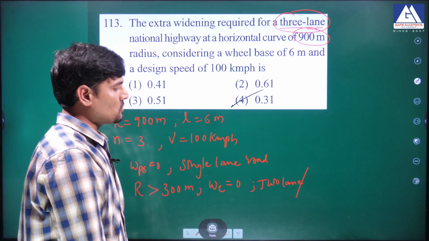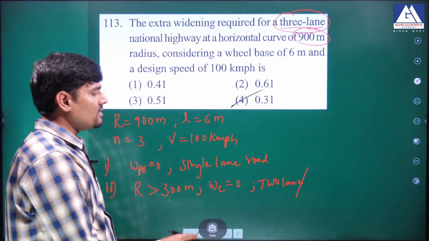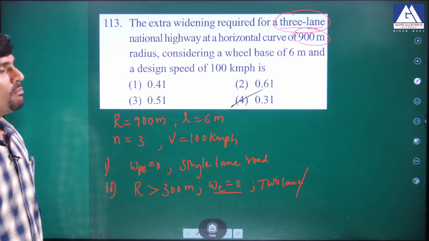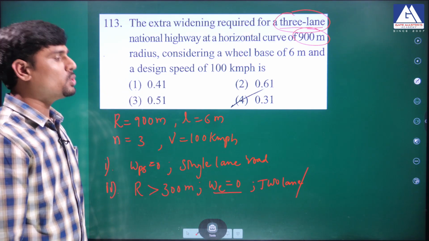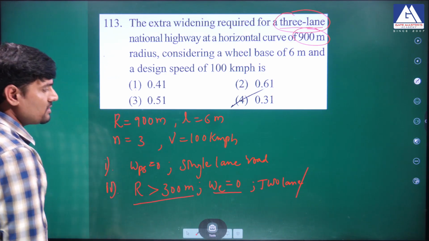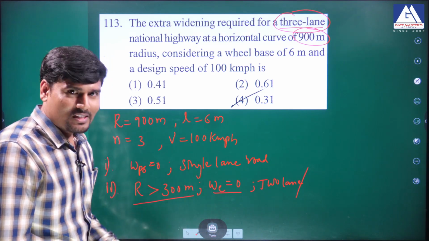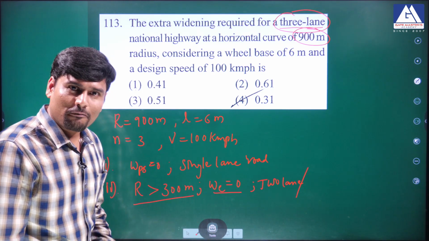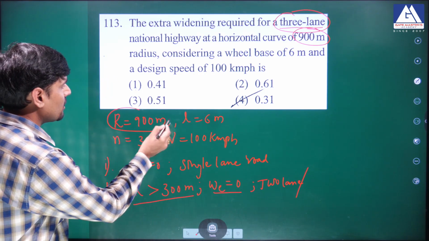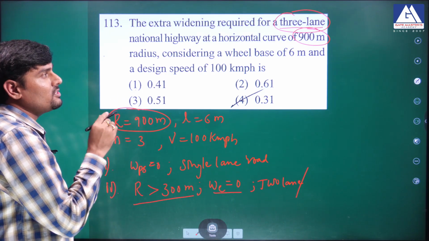In those manuals also, it is clearly mentioned that no widening is required if the number of lanes is more than 2. So if the radius is more than 300 meters, for 2-lane no extra widening is required. Is it required for 3-lane? Is it required for 4-lane? No, absolutely not. So the problem is in a tricky condition.